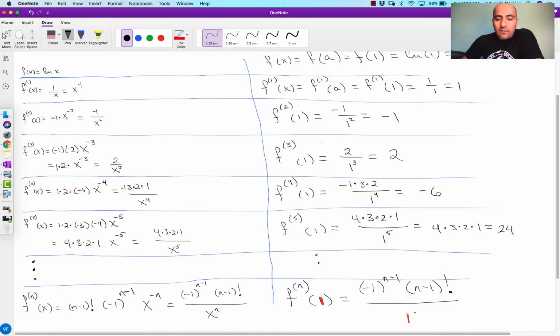Which we established is just equal to 1. So that's just going to be this numerator. So it simplifies to negative 1 to the power of n minus 1, times n minus 1 factorial. Okay, so we figured out the nth derivative evaluated at 1 equals this.